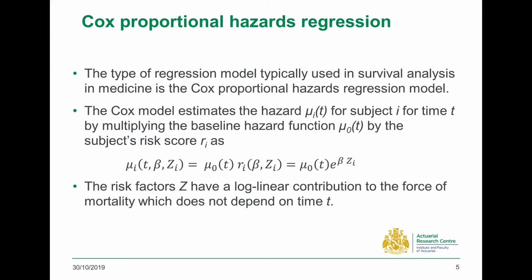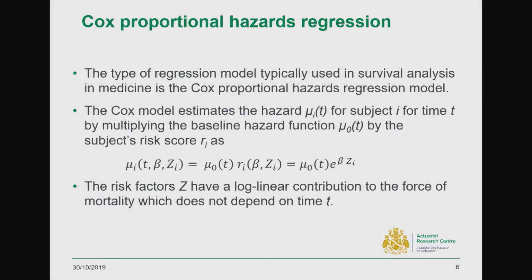So you see that there is a formula. This is the formula for the hazard function. We have a hazard function for subject i at time t. This hazard function is a function of time, coefficients, and covariates. Time is t, beta is the coefficients, which are unknown and have to be estimated, and Z is the covariates.